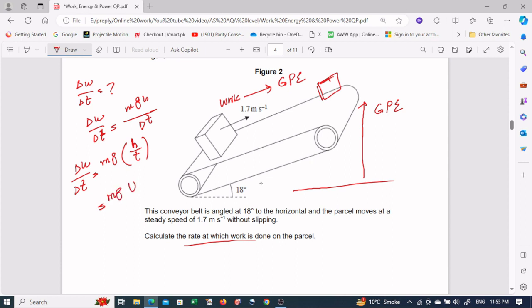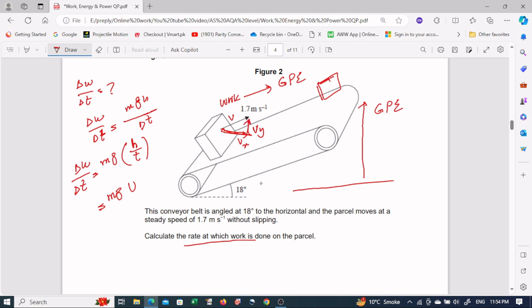So we resolve this speed into two components, because there is an inclination angle of 18 degrees. So we have to resolve this speed into a horizontal component and a vertical component. So Vx is the horizontal and Vy is the vertical. As we know, only the vertical component Vy contribution must be added.